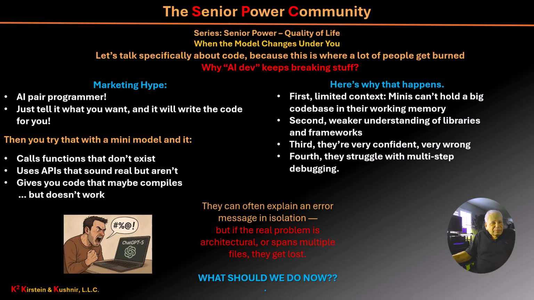Here's why that happens. First, limited context. Minis can't hold a big code base in their working memory. They're fine for a small function or a tiny snippet, but understand these 10 files and do a consistent refactor is way beyond their comfort zone. Secondly, they have a weaker understanding of libraries and frameworks.